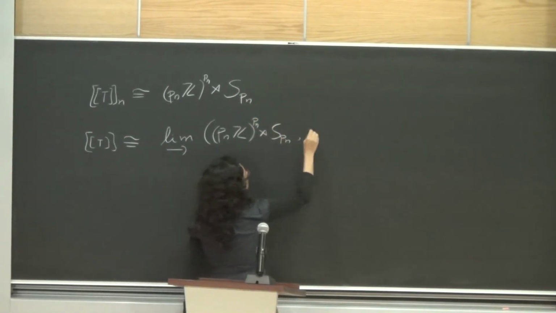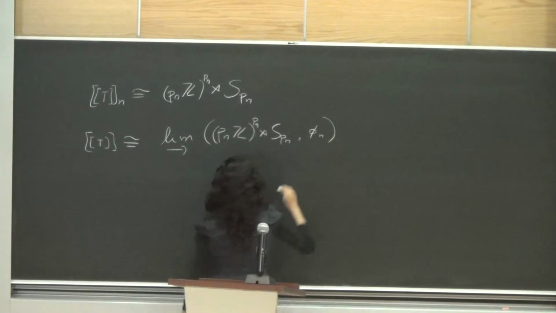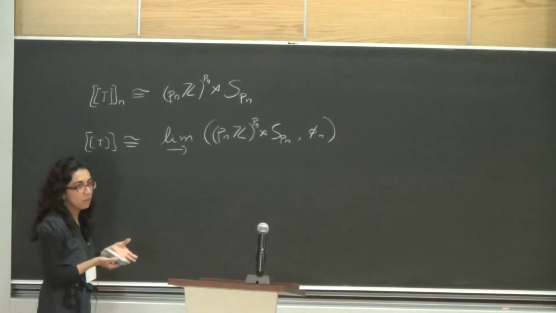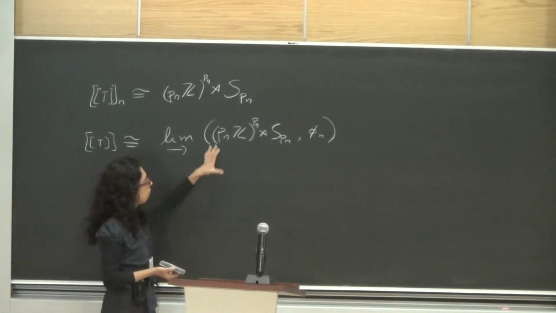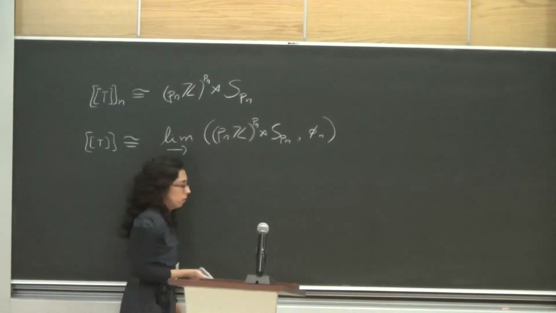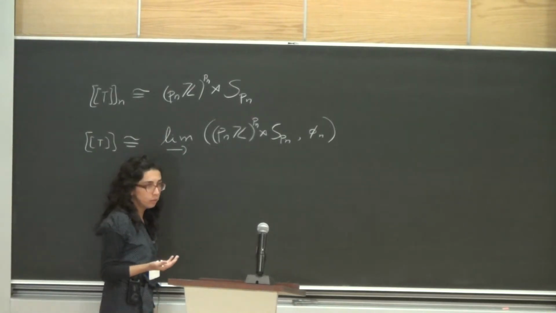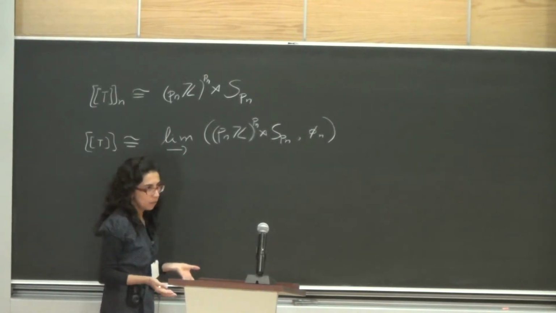Some direct limit, I don't know. So we can express the dimension group of the odometer as a direct limit of these groups.